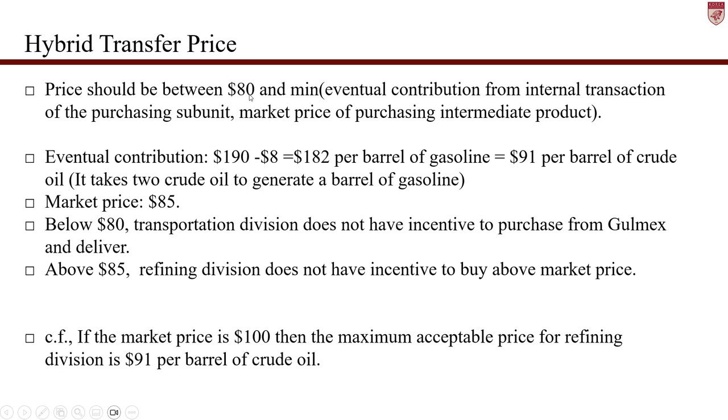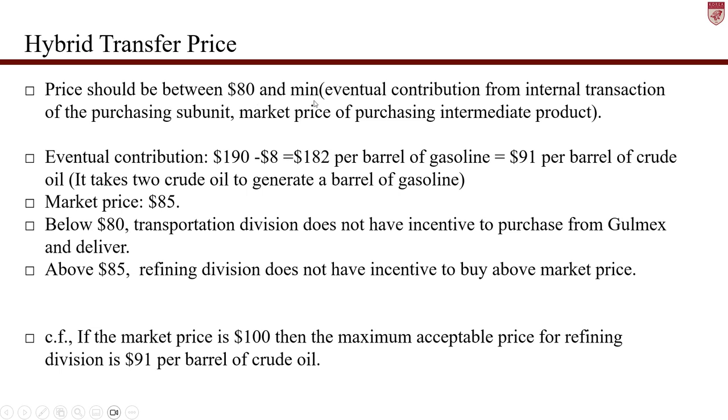What the selling subunit says is, okay, below $80, we're not going to sell. So below $80, the transportation unit will say, we're not going to buy from the GulfMax and transport it to the refining division. Otherwise, they will be facing a loss, right?